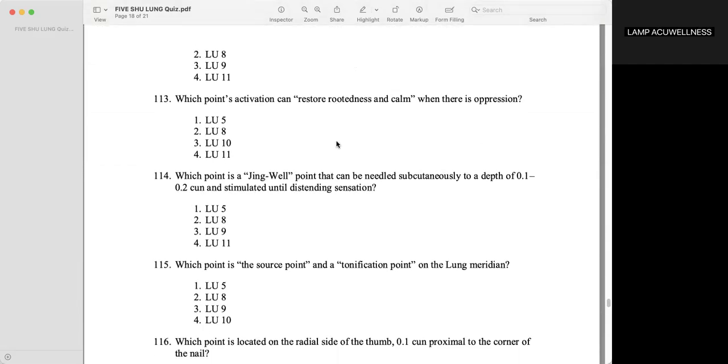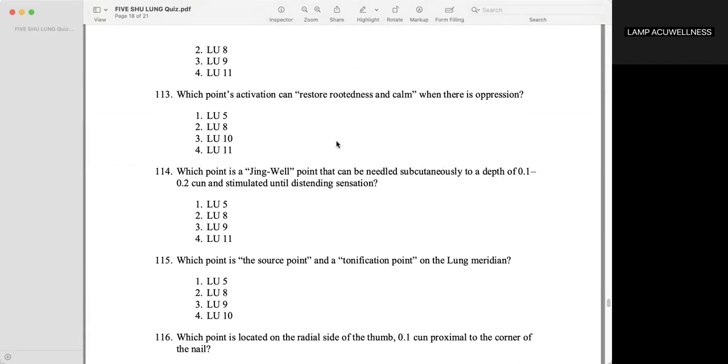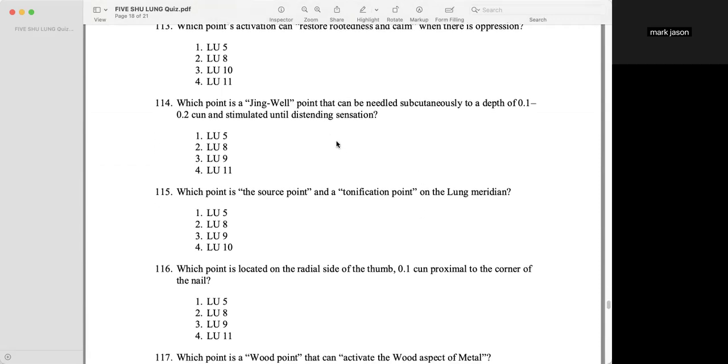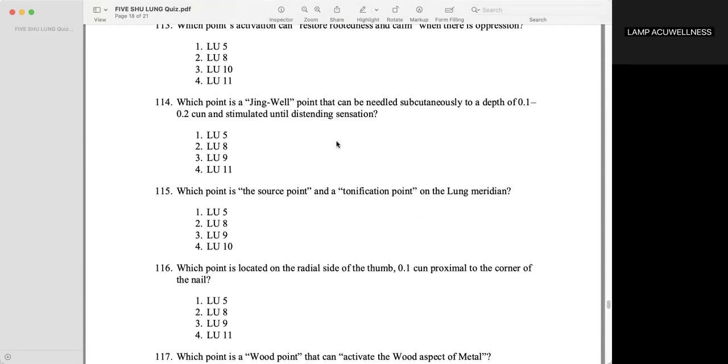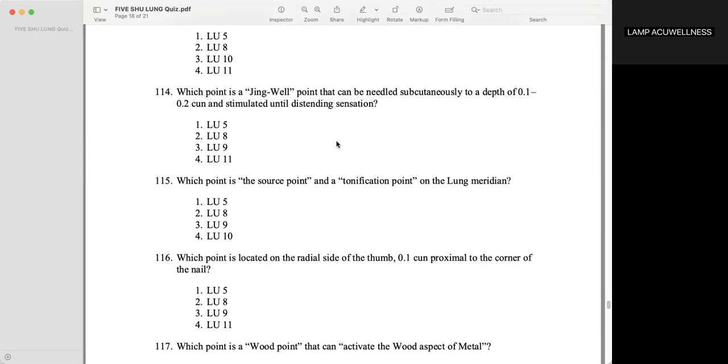Which point's activation can restore rootedness and calm when there is oppression? Lung 11. Which point is a Jing-Well point that can be needled subcutaneously to a depth of 0.1 to 0.2 tsun and stimulated until distending sensation? Lung 11.